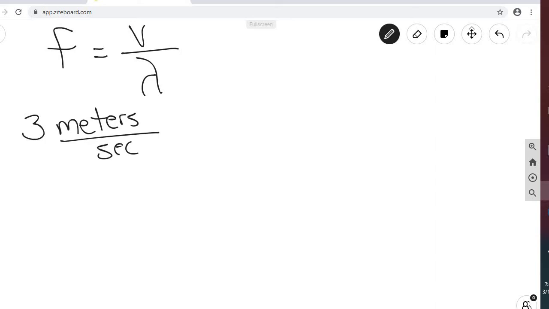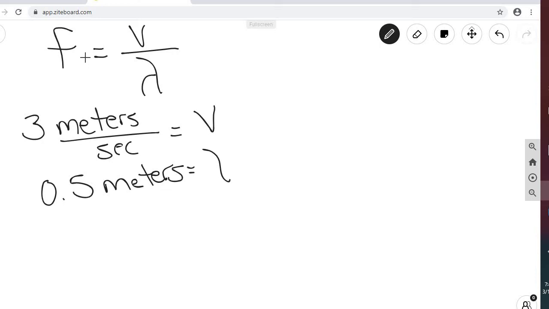So that'll be its speed. And it has a wavelength of 0.5 meters. So that's its wavelength. So then what is the frequency?